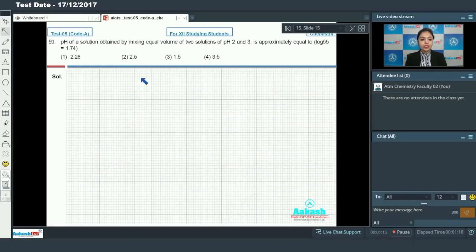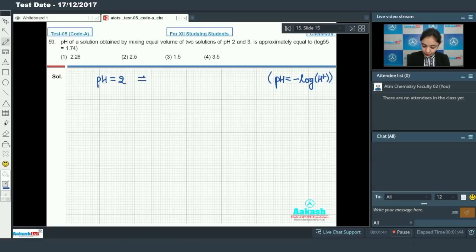So you have question number 59 which says that the pH of a solution obtained by mixing equal volumes of two solutions of pH 2 and 3 is approximately equal to. So you have one solution of pH equal to 2, and you know that pH is equal to minus log of concentration of H plus.